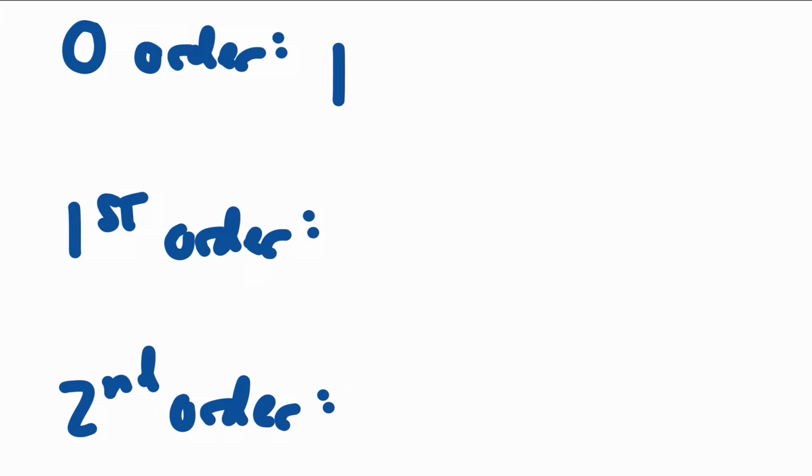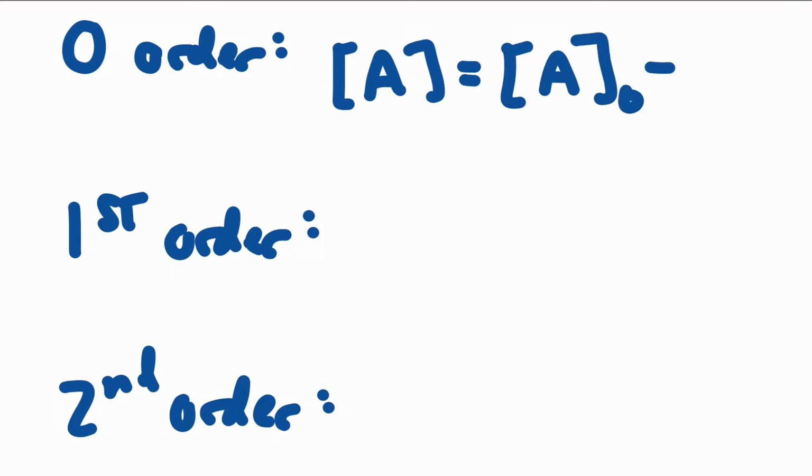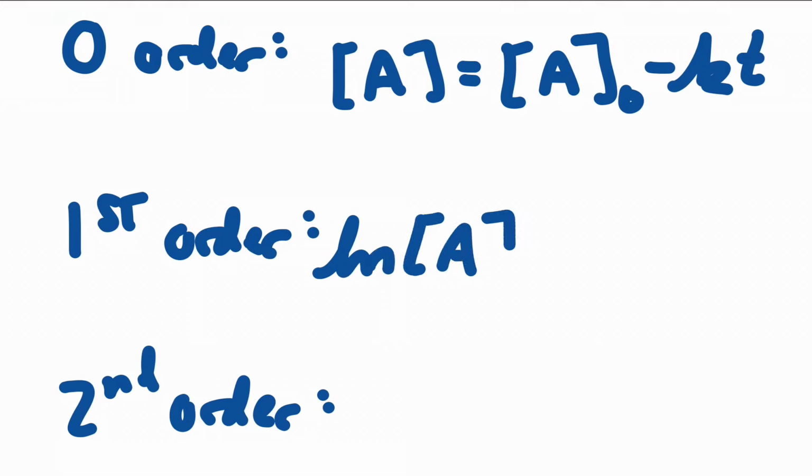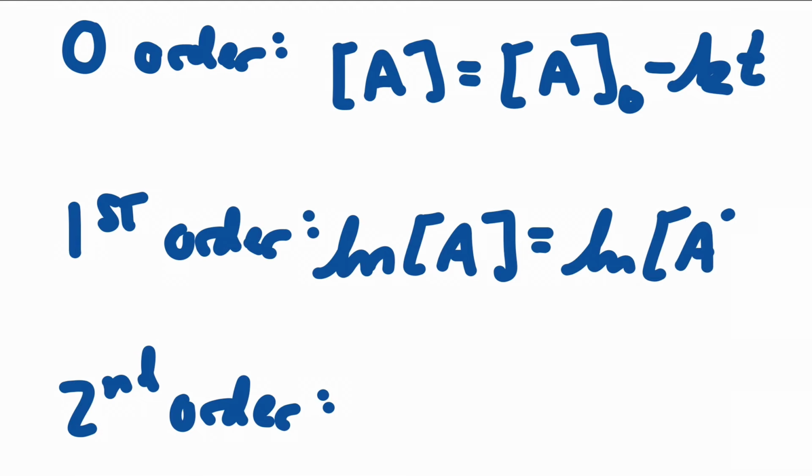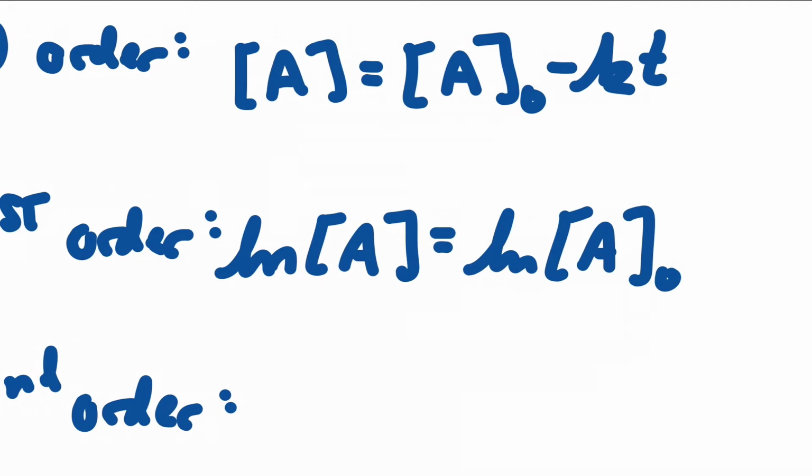A zero-order process says that the concentration of some substance is equal to whatever its initial concentration was minus the rate constant times time. First order is similar, but it's a logarithmic relationship. It's the natural log of concentration is equal to the natural log of the initial concentration minus the rate constant times time.